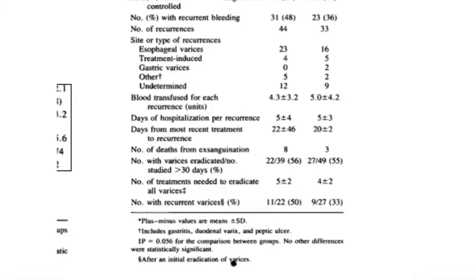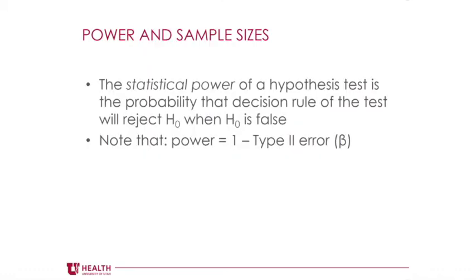For example, they say p-value equal to 0.056 for comparing between groups for a specific parameter. This is to say they conducted a two-sample t-test to compare the means, and they report the p-value corresponding to that hypothesis testing. So remember, in the hypothesis testing, the null hypothesis is there is no difference between the two groups. And the alternative hypothesis is there is a difference between the two groups.